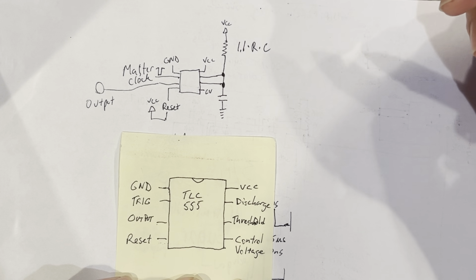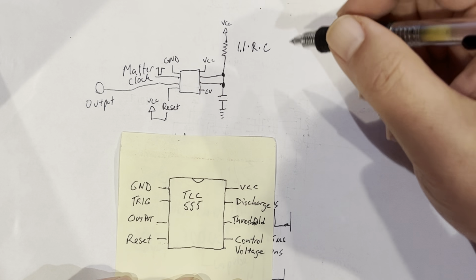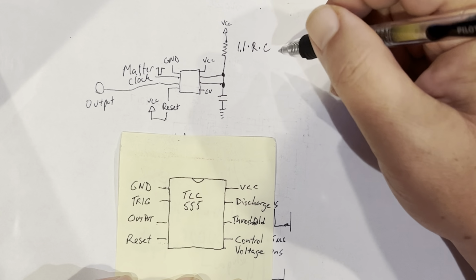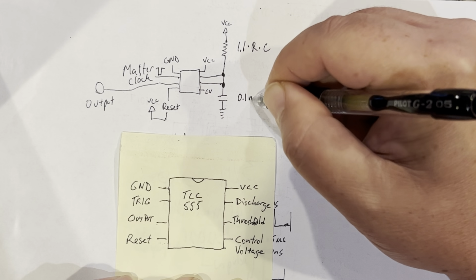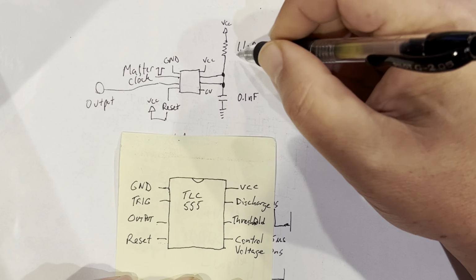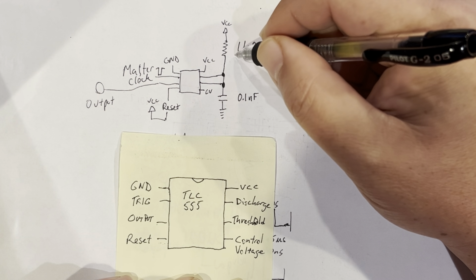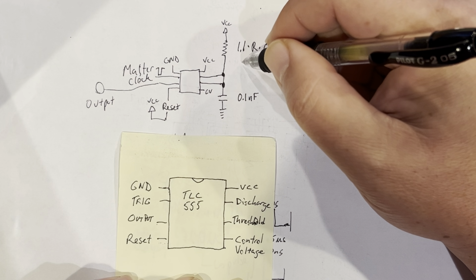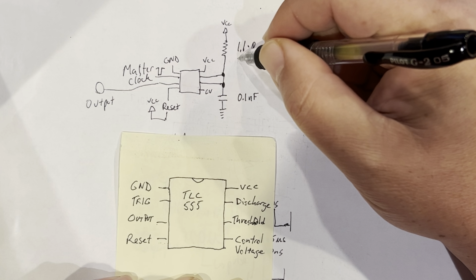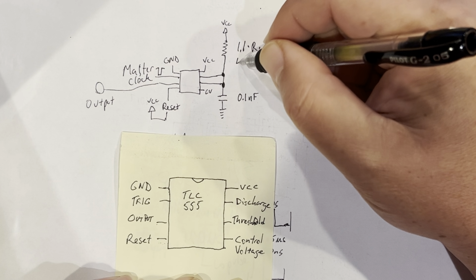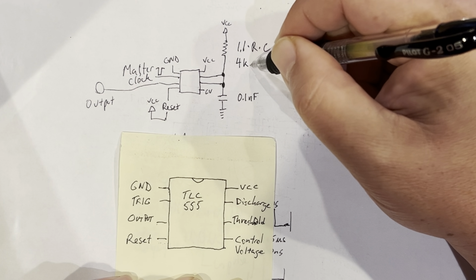And so if you use a very small capacitor with a TLC 555 timer, which can be done, you can use something like a 0.1 nanofarad capacitor and a resistor of, let's say, 4 kilo ohms.